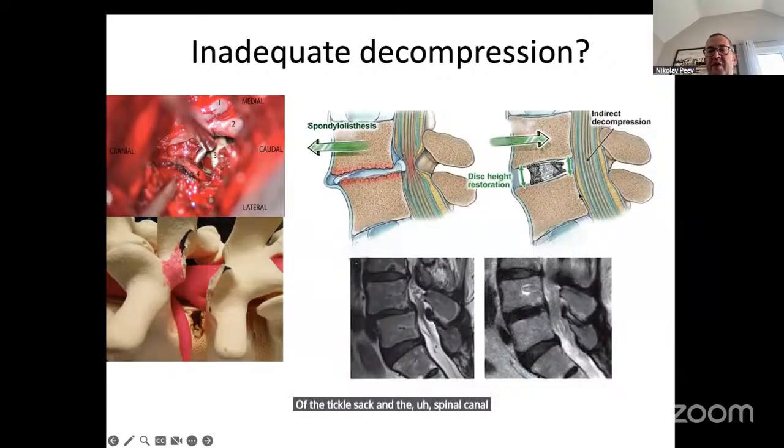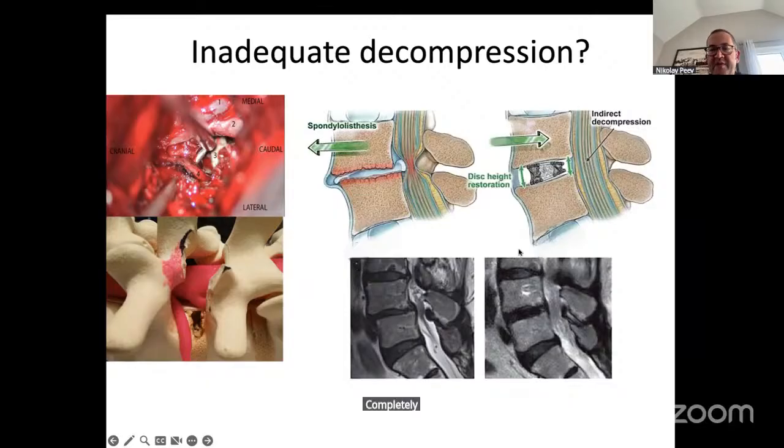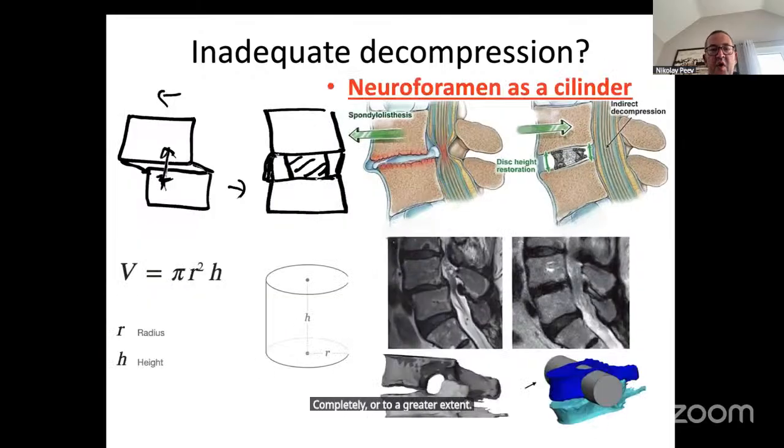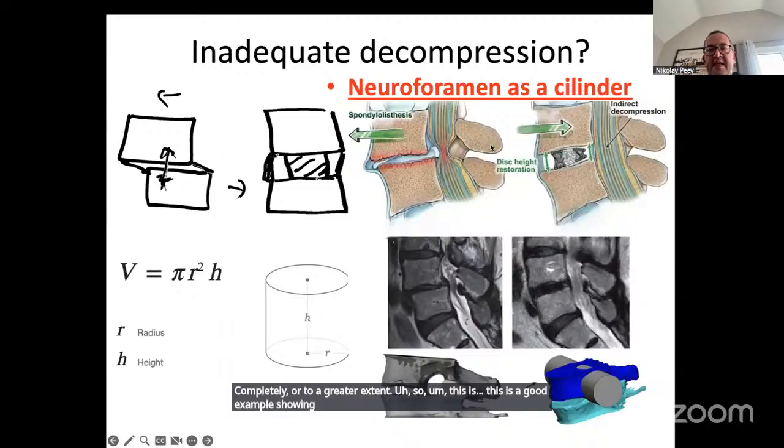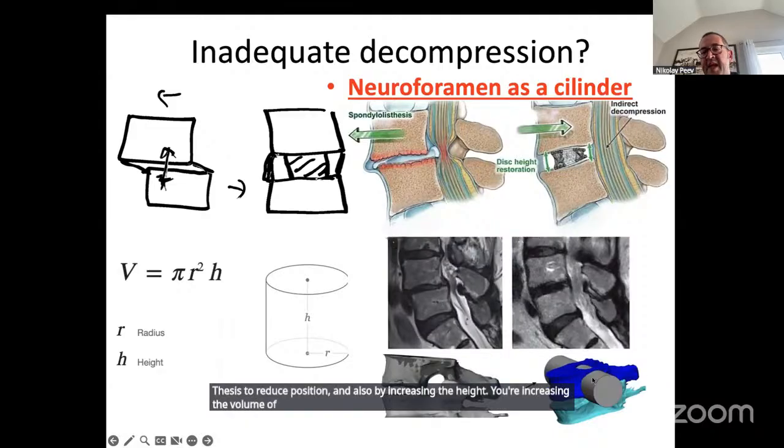And also because of ligamentotaxis it will be possible to reduce the listhesis completely or to a greater extent. This is a good example showing you exactly that. The ligamentotaxis is converting the listhesis to a reduced position, and also by increasing the height, you're increasing the volume of the foramen. And it's simple mathematics.